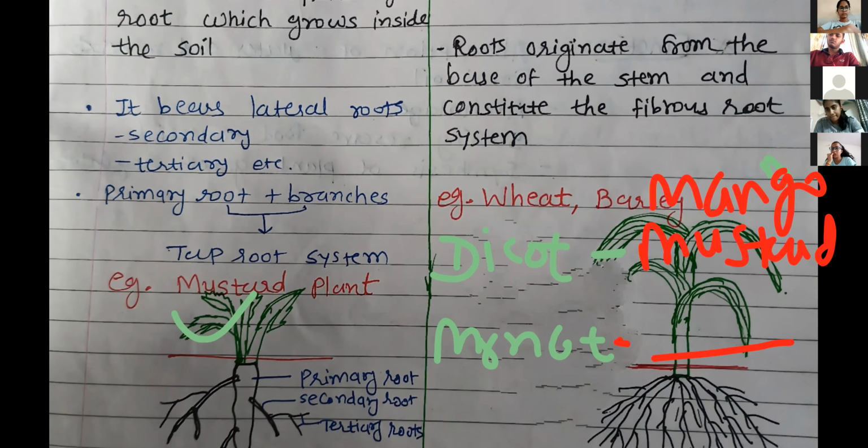Shubh, say. Tulsi. Correct, Tulsi, its genus name is Ocimum.